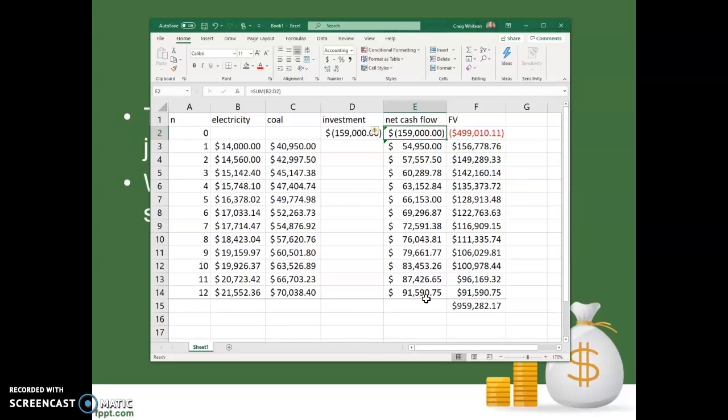And then for all of the other positive income values, this is telling us what it would be worth. For instance, here, $54,950, if we took this money and again invested at 10% for 11 years, and the next value investing it for 10 years, and so on. What would all these values be worth?